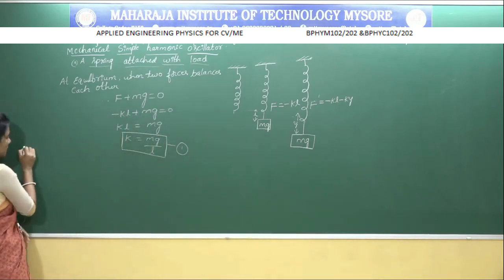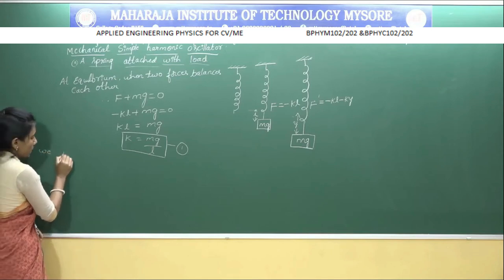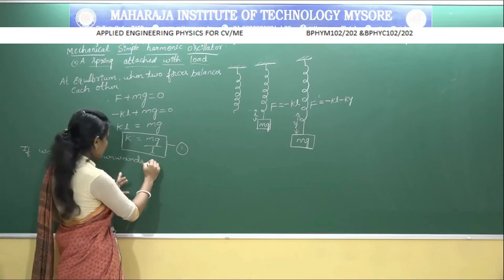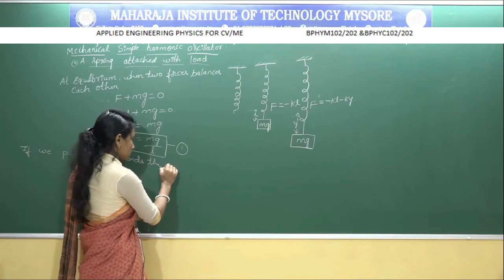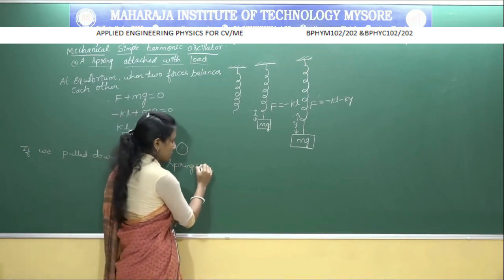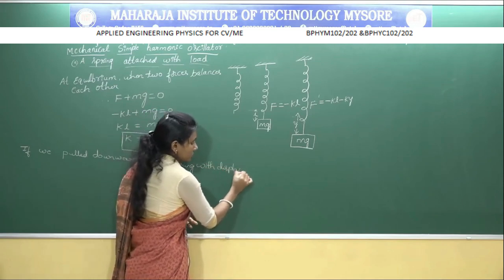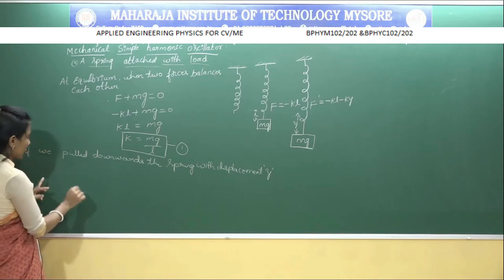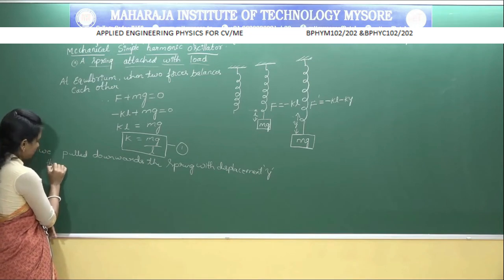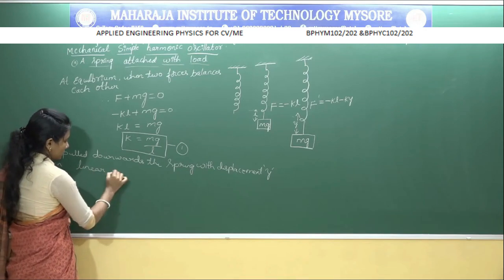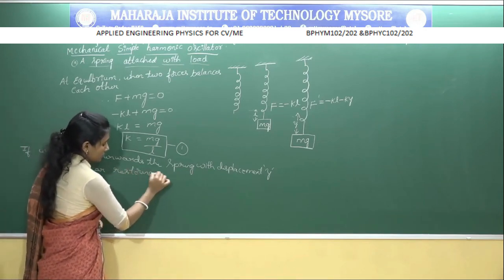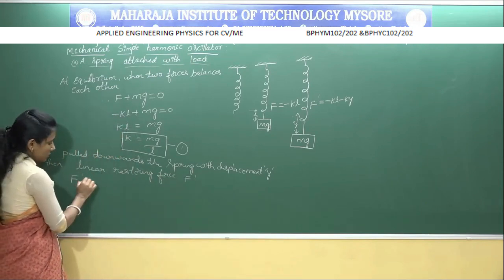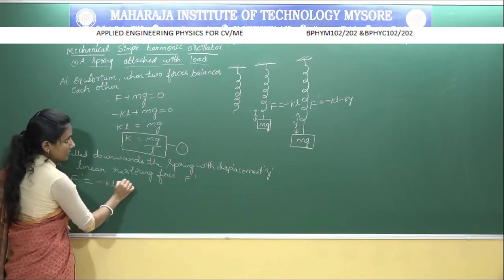Therefore we can write that if we pull the spring downwards with the displacement y, then the linear restoring force acting on that spring is F dash is equal to minus KL minus Ky.